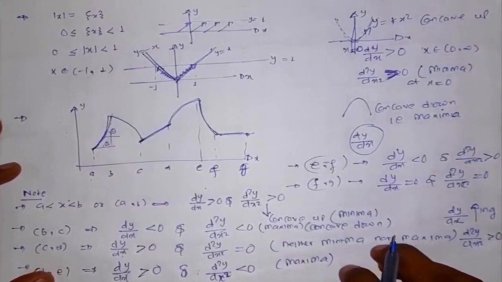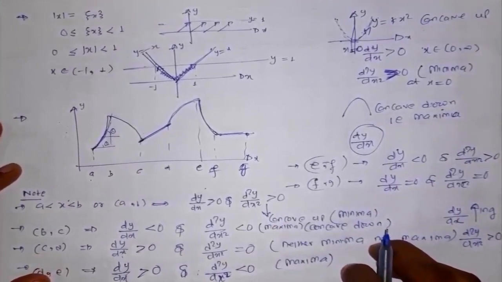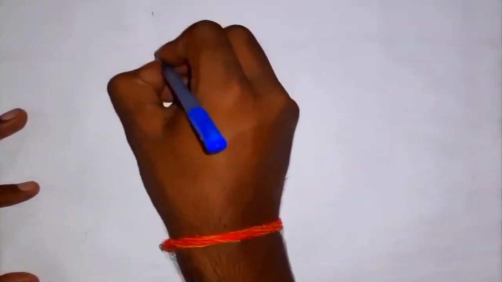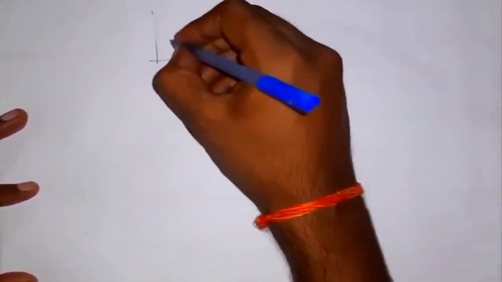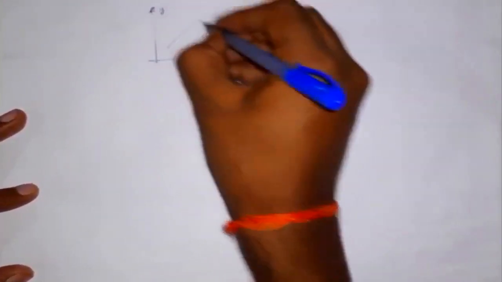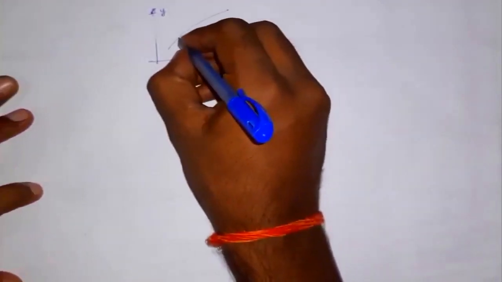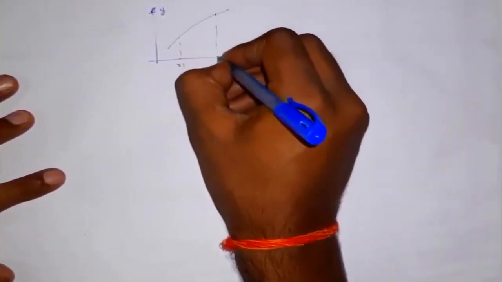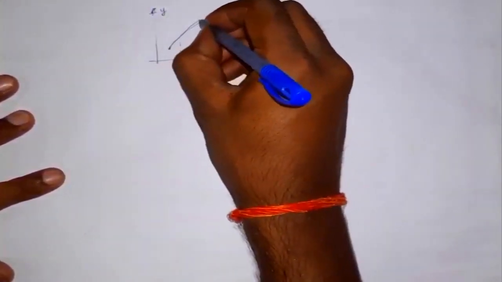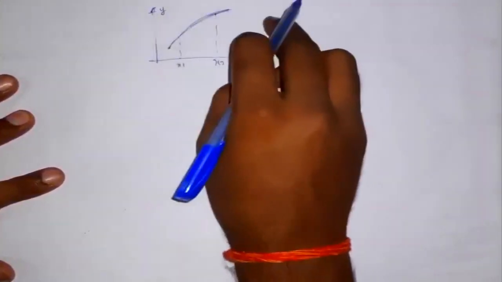So I would like to tell you one more thing about the increasing and decreasing function. In the next page, I will draw a graph like this, and this graph is increasing. Okay, this is y, this is x. This graph is increasing. This is x1, this is x2. And this is concave down.